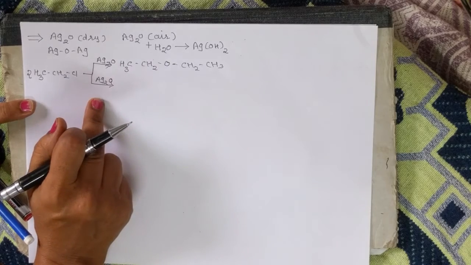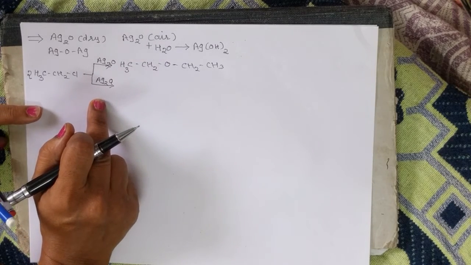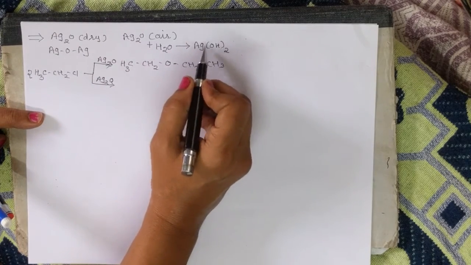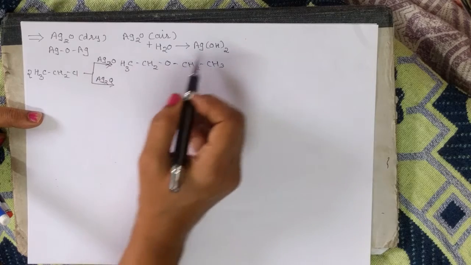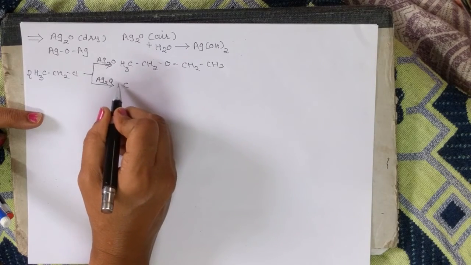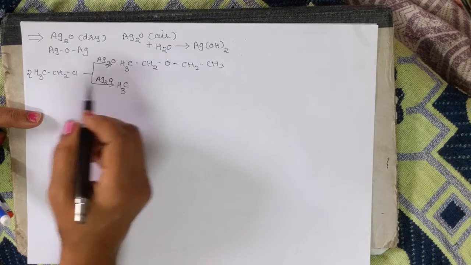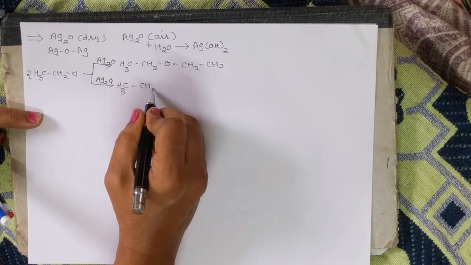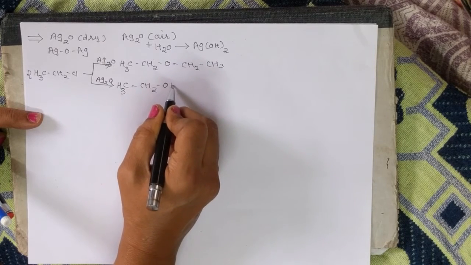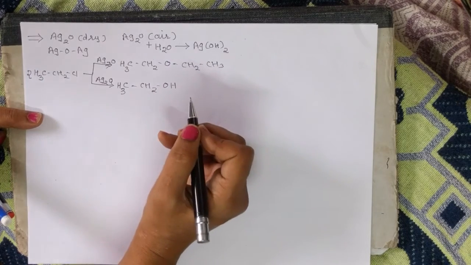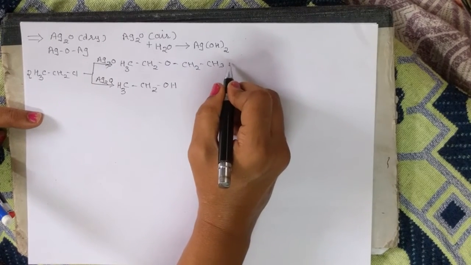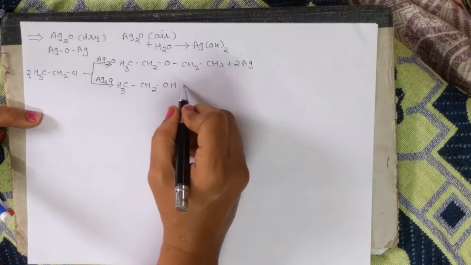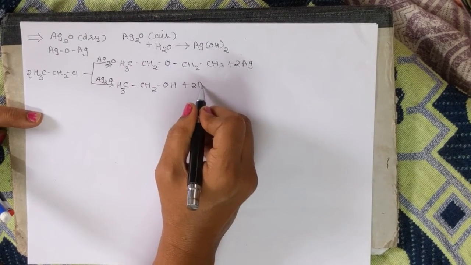And now for this moist Ag2O, what happens? Here it is OH, so this OH will replace the chlorine. So here the product is alcohol, with a byproduct plus 2AgCl.